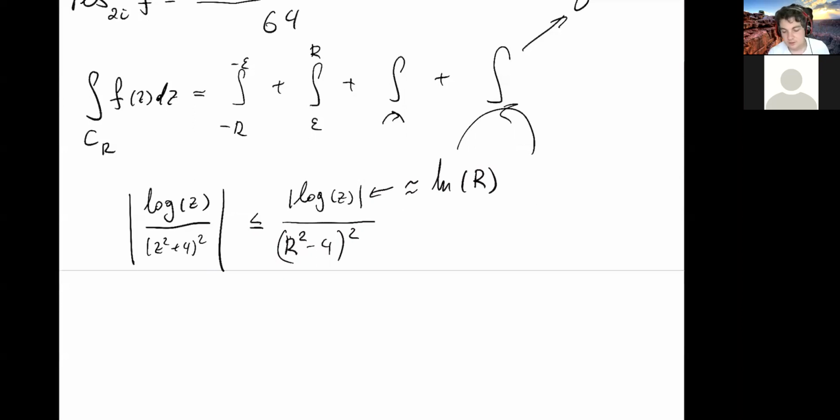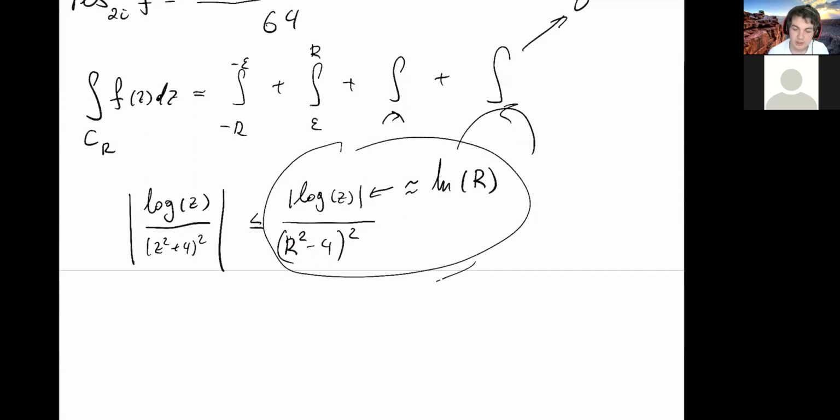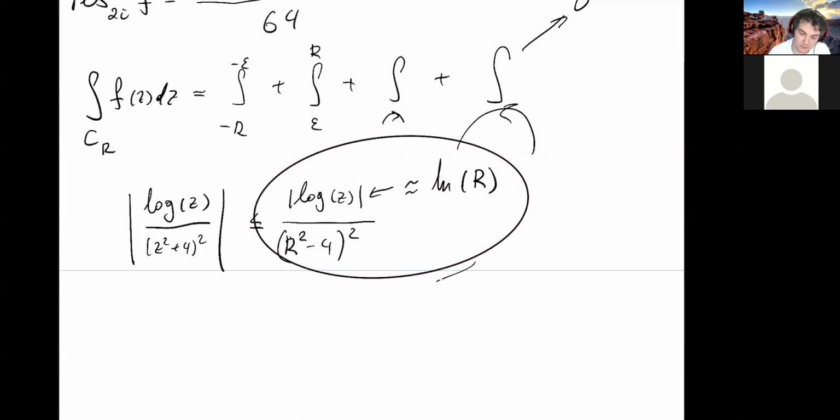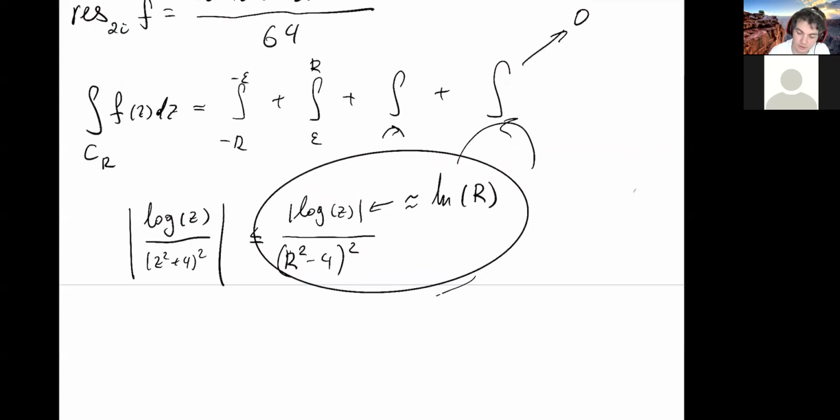Then we need to use our usual estimate. We need to multiply this by pi r, the length of the contour. But we have enough powers of r in the denominator to kill the logarithm. So this fourth term will disappear.